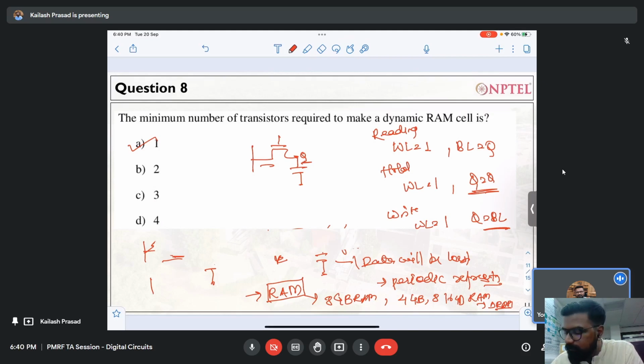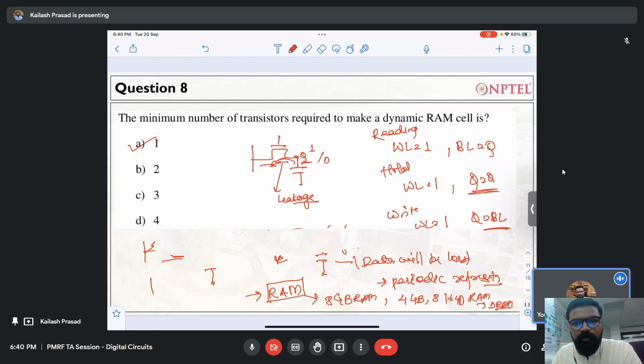Now what happens is, because of a small amount of current which flows, some leakage happens. The charge, or the data, suppose one was stored over here, can happen that after some time all the charge discharges and it becomes zero, and you don't want that.